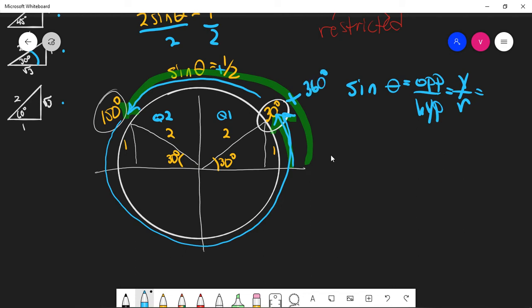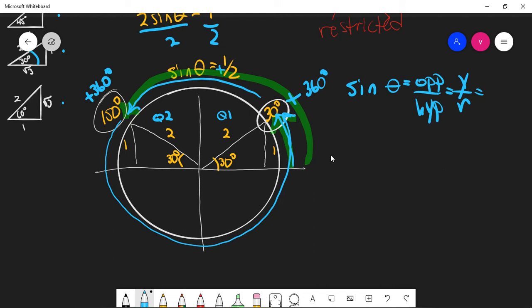Then it keeps going around here. What was that? 150 plus another rotation around the circle. It keeps going again and again. And guess what? It could also go backwards, right? You can go backwards and backwards and backwards.